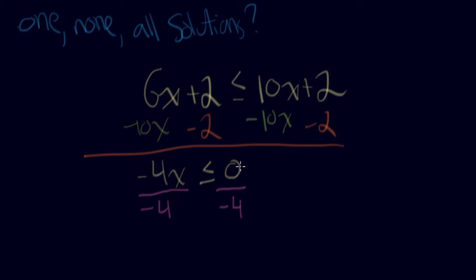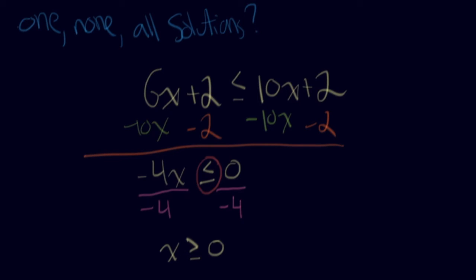And maybe you're thinking, I already know that if I divide something like 0 by -4, it's just going to be 0. I know that. Well, you still have to do that. And why, and a lot of students forget this, is because you need to go and flip that one. This is a great question because now the answer is x is greater than or equal to 0. A lot of students forget to flip that inequality.